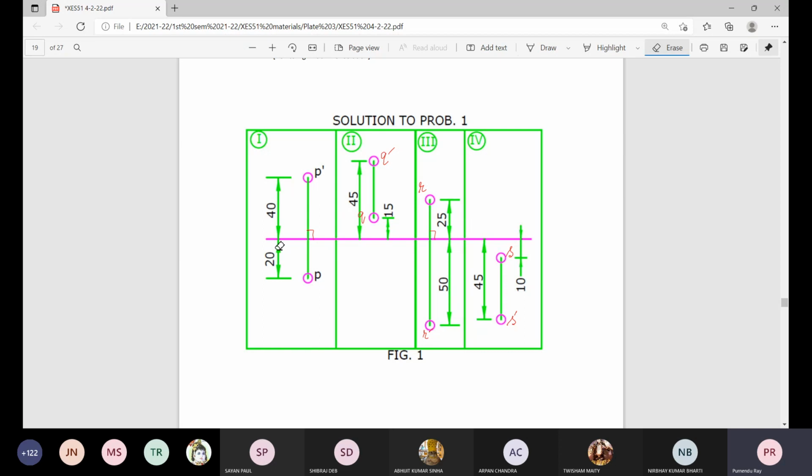Draw a horizontal line which will be the ground line XY. On that, draw a vertical line. Measure two locations, 20 millimeter below XY and 40 millimeter above XY, representing the plan and elevation, or the view from top and view from front.